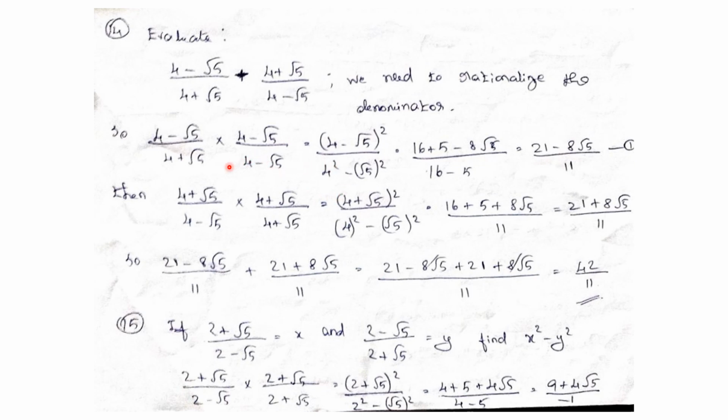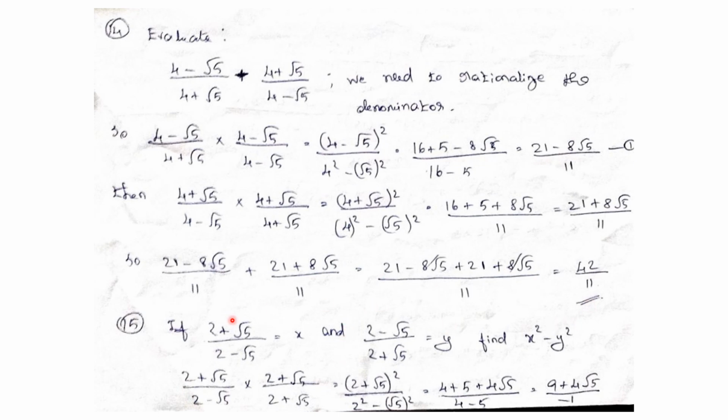So 4 minus root 5 by 4 plus root 5 into 4 minus root 5 by 4 minus root 5. The answer will be 21 minus 8 root 5 by 11. Then 4 plus root 5 by 4 minus root 5 into 4 plus root 5 by 4 plus root 5. The answer will be 21 plus 8 root 5 by 11. So the final answer will be 42 by 11.